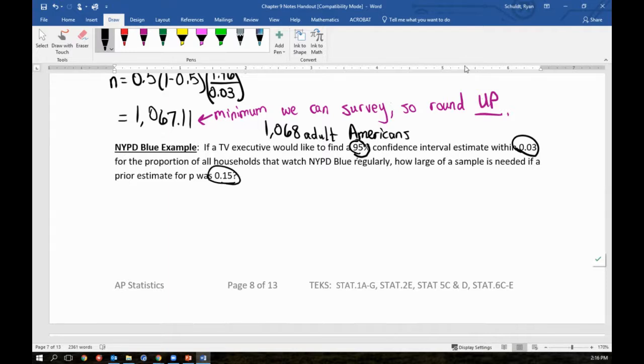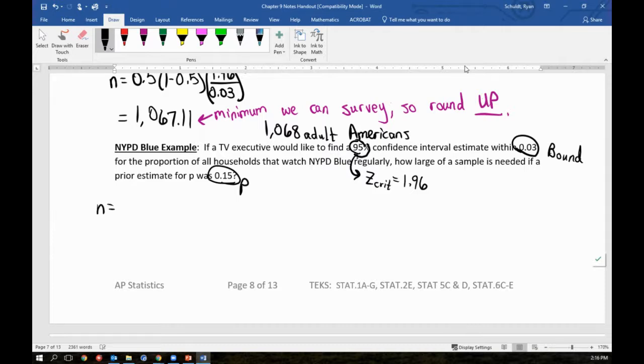So if we have a 95% confidence interval, what would our Z critical be? 1.96. What's this 0.03 represent? This is our bound. And this 0.15, our P.